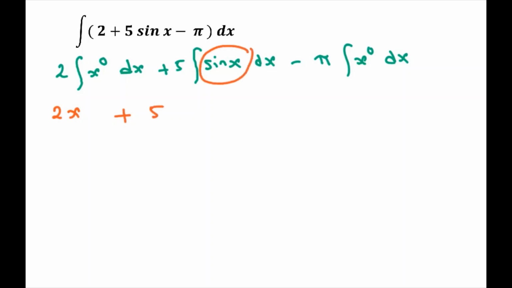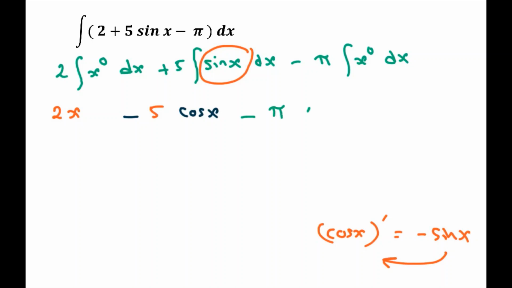Now the derivative of cosine x is negative sine x. So now if I go backward, the integration of sine x will be negative cosine x. I'm going to put the negative here. And now plus minus pi x. Don't forget the constant.